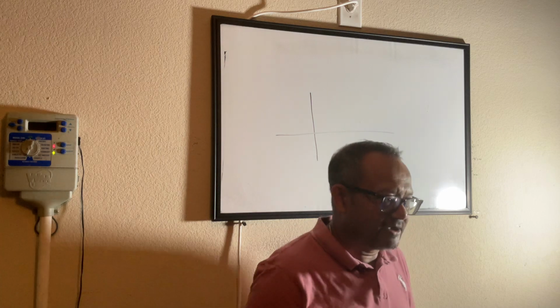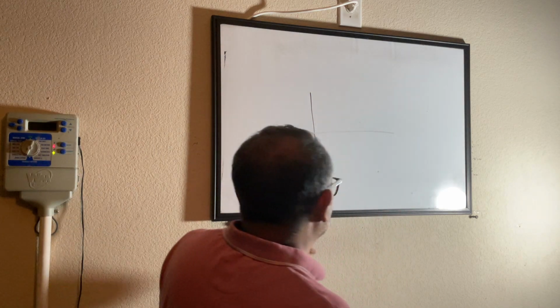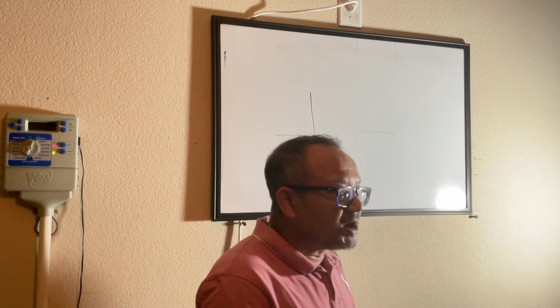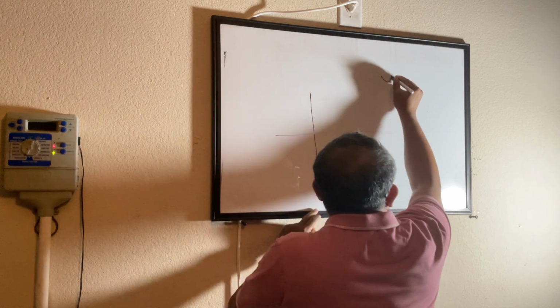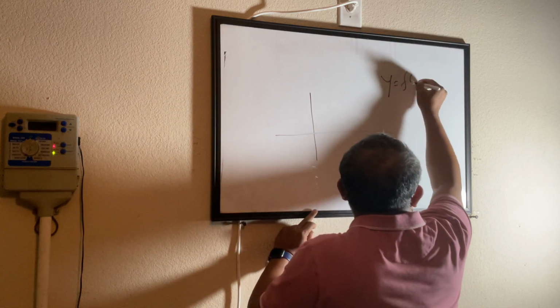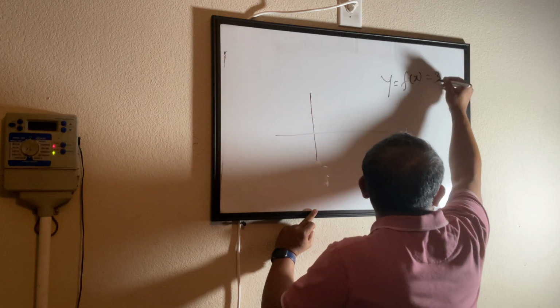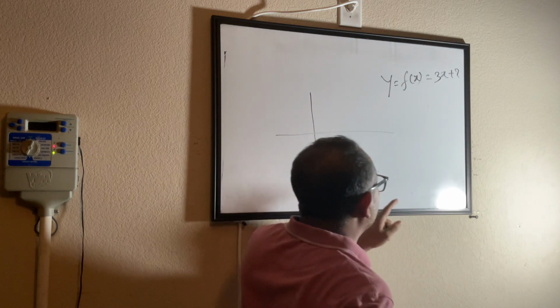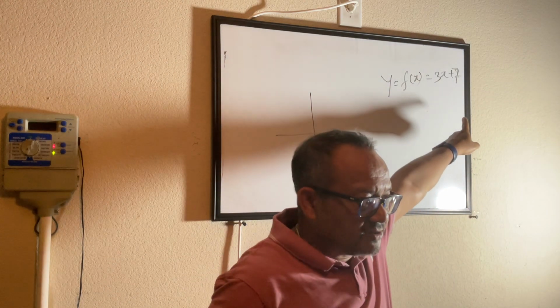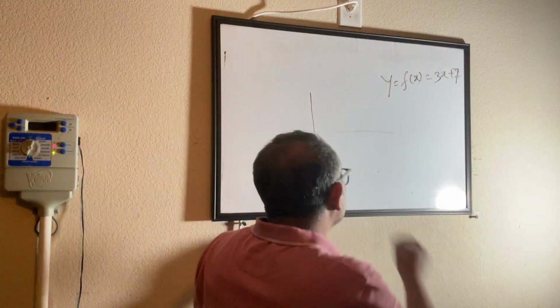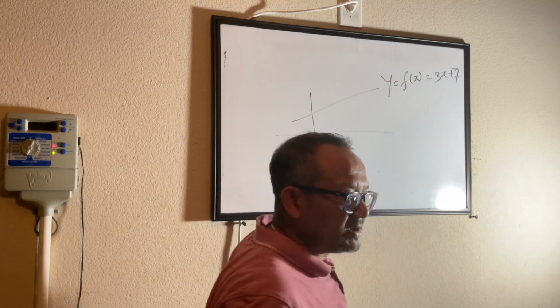PST? Okay. Yeah. Alright. So, let's talk about what is a periodic function first. If I say y is a function of x, 3x plus 2 or 3x plus 7, whatever. It's a linear function, right? Because it plots a straight line for us. Yeah?